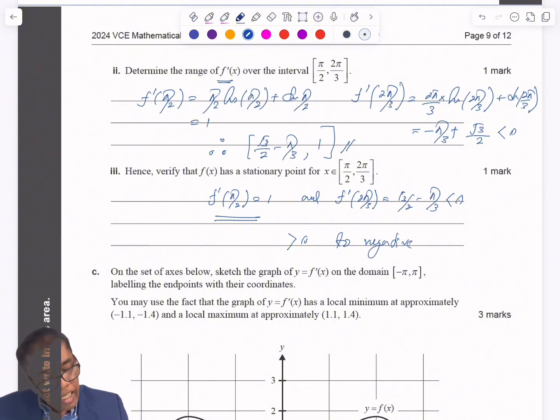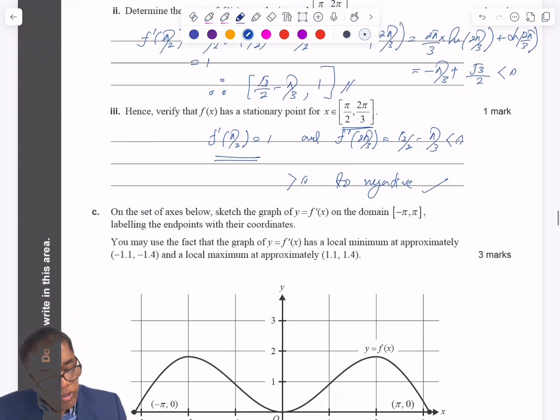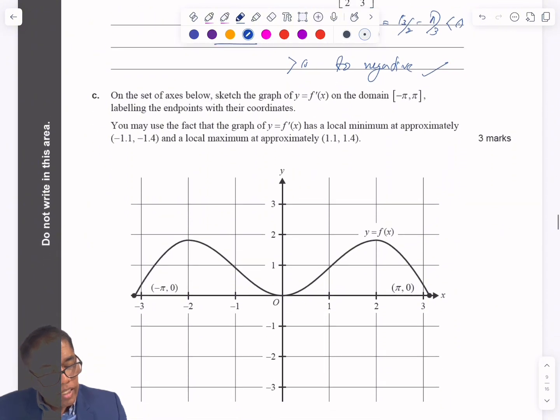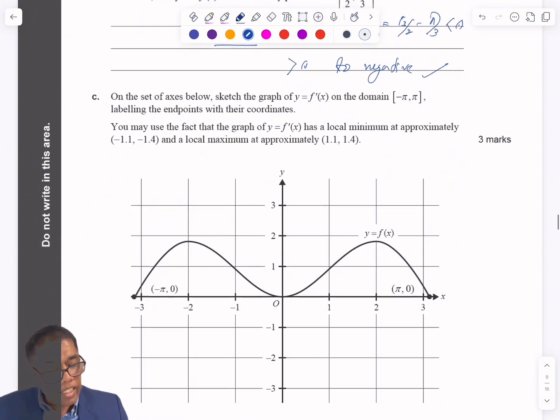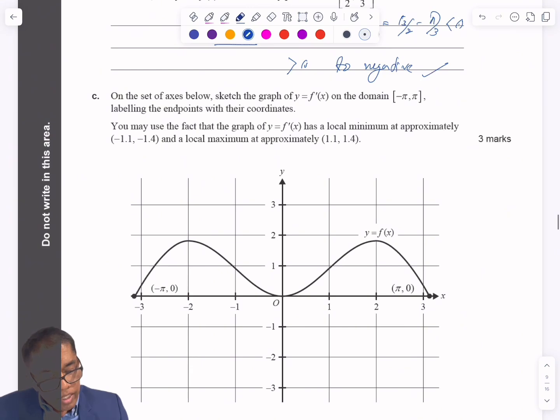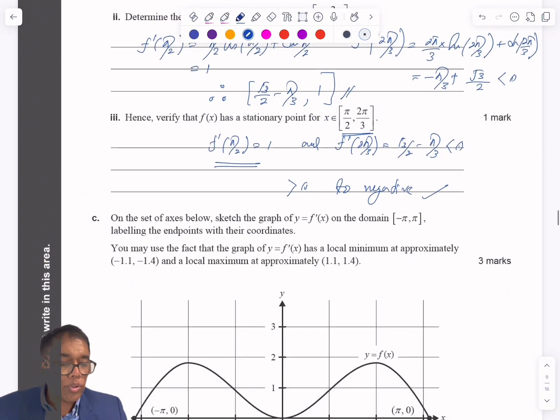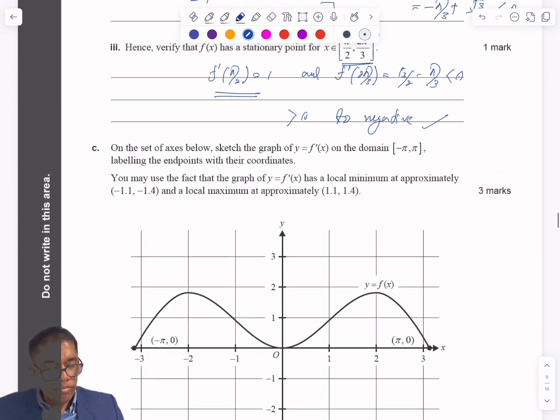This is negative. Since f dash changes from positive to negative, there is a stationary point in between pi on 2 and 2 pi on 3.